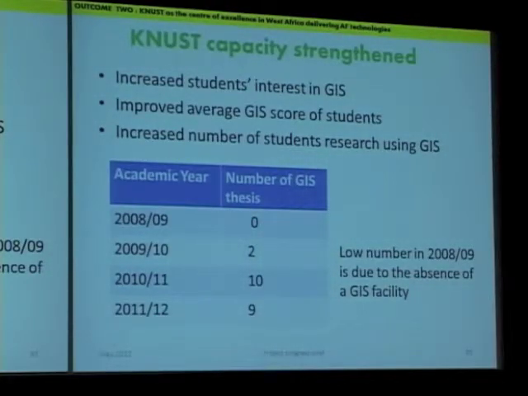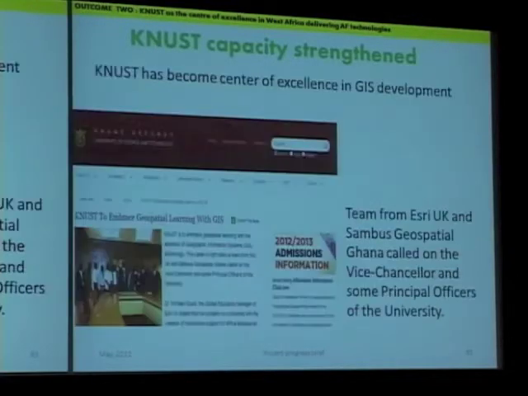So what has it done? We have increased students' interest in GIS, the average GIS score of students has improved, and the number of students researching using GIS has increased. The table over there shows a distribution of the number of GIS theses that have been produced over the years.